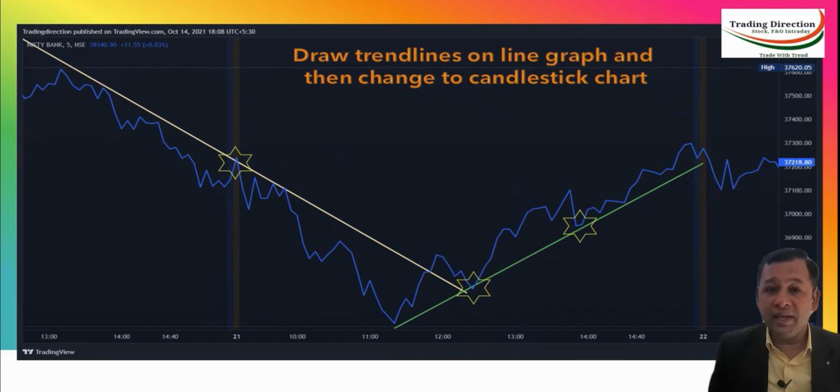If you are a beginner, I especially suggest you draw the trend line on a line graph and then change to the candlestick pattern. This will minimize the noise in the market and help you identify the trend clearly. This technique is used by professional traders.